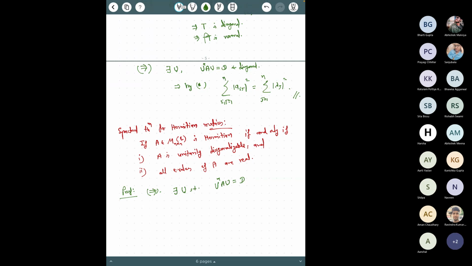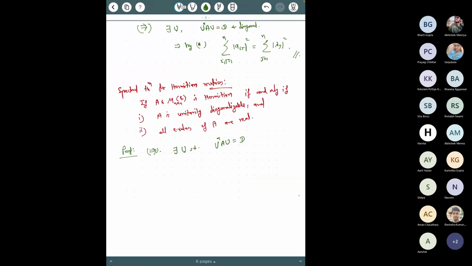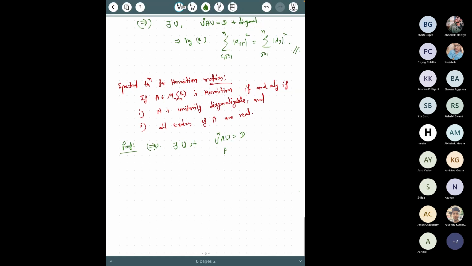We know that A is equal to A star. This implies D is equal to D star. If D is equal to D star, can we say that all eigenvalues of A are real?